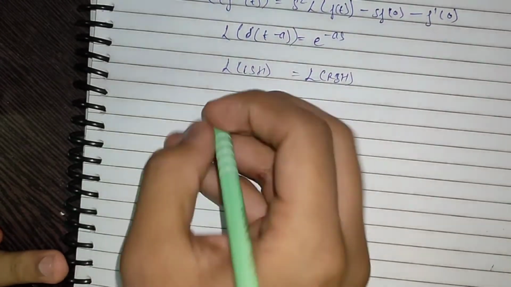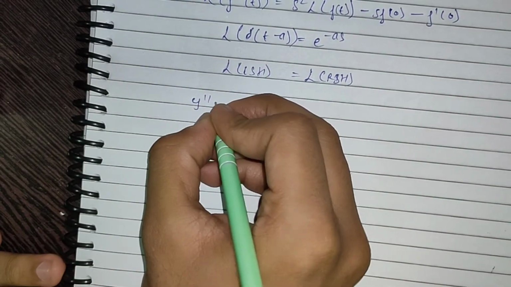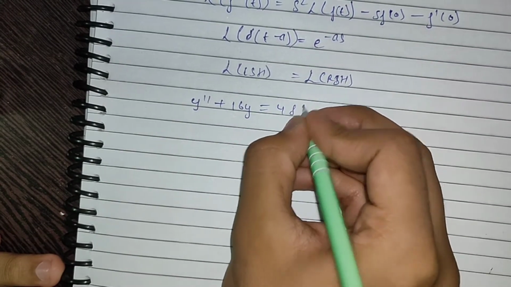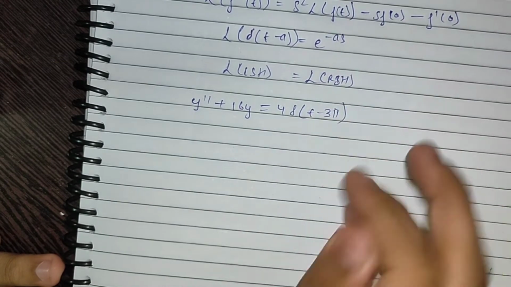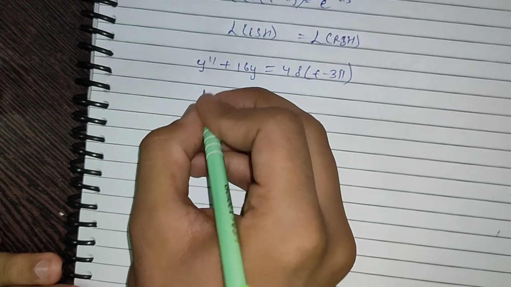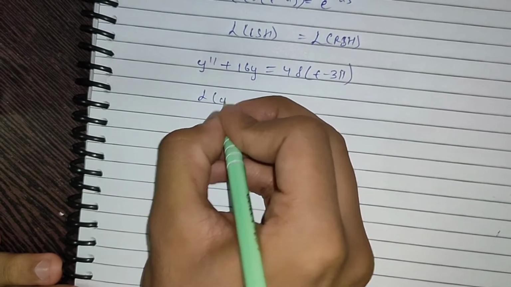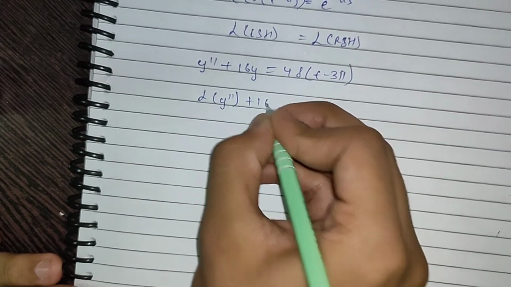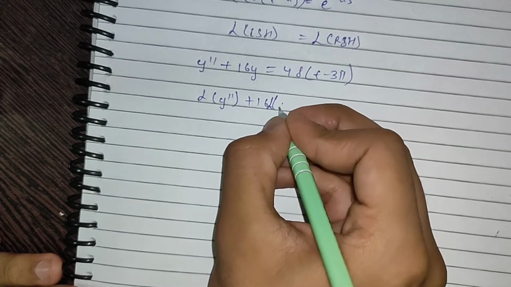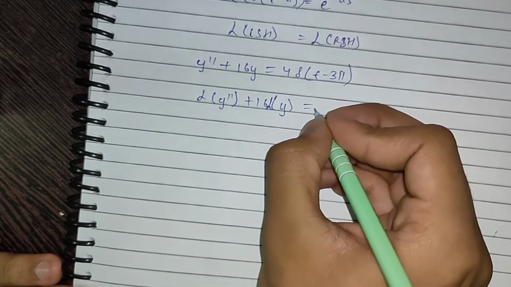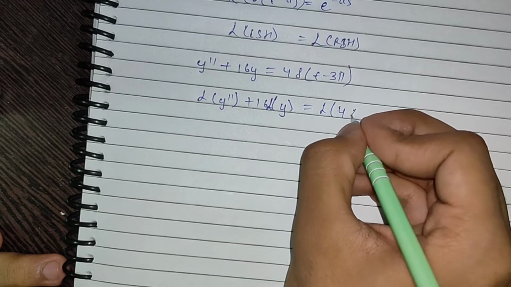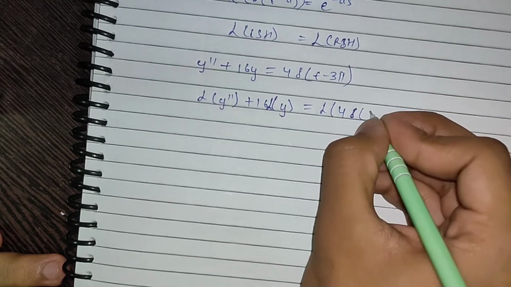So this is our equation, y double dash plus 16y is equal to 4 times delta of t minus 3 pi. Here I am taking Laplace, so L of y double dash plus 16 L of y is equal to L of 4 times delta of t minus 3 pi.